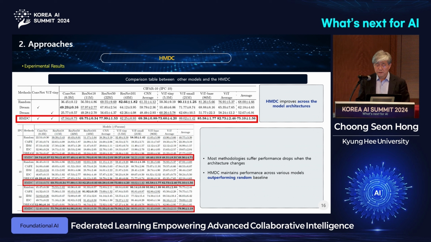While most methods experience significant performance drops when their architecture changes, HMDC consistently maintains strong performance across all architectures. Additionally, HMDC achieves the highest average performance across models, significantly outperforming the random baselines. This result highlights HMDC's ability to generalize effectively to different model types.